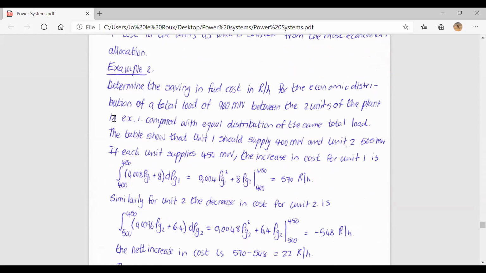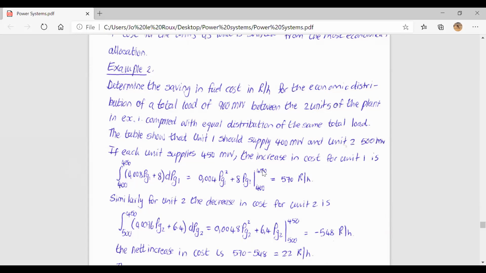And then example 2 is the savings. A total load of 900 megawatt between the two units of the plant in example 1, compared with equal distribution of the same load. The table shows that unit 1 should supply 400 megawatt and unit 2 500 megawatt. So if each unit supplies 450 megawatts, the increase in cost for unit 1 is the integral from 400 to 450 of F1 dPG, and that will be 0.004 PG squared plus 8 PG.